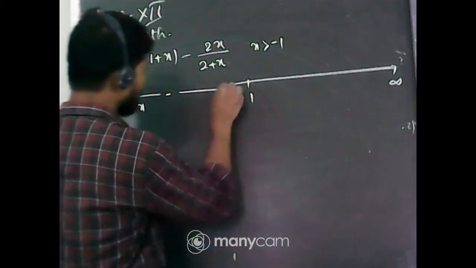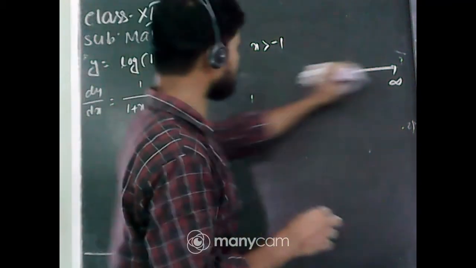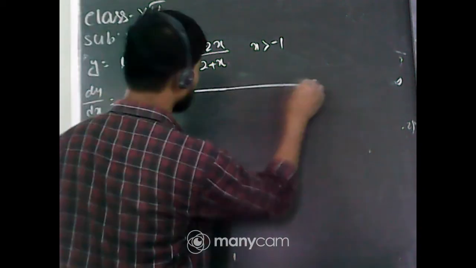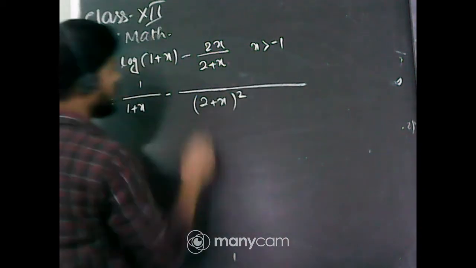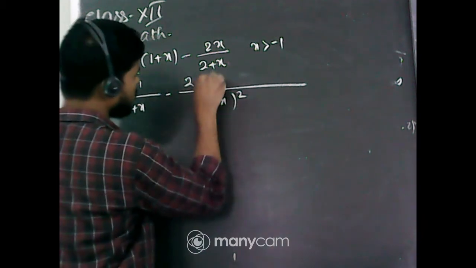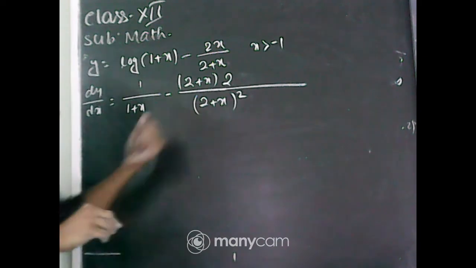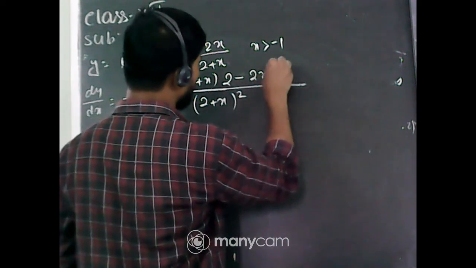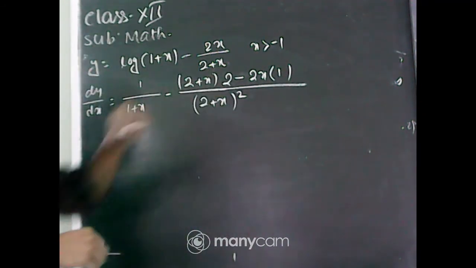So do the differentiation, that will be (2 plus x) whole square in the denominator, and numerator is (2 plus x) into derivative of this, that is 2. I'm doing it directly. Okay, minus first function fixed into derivative of second function, that is 1, 2x plus 2x plus 2.